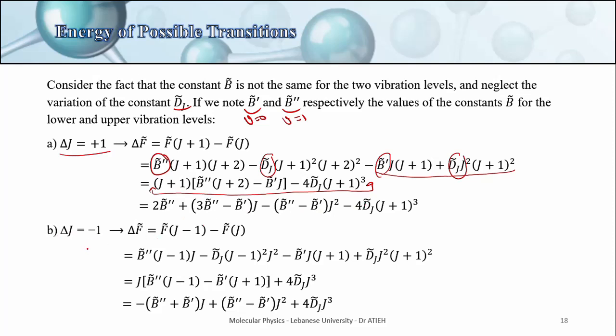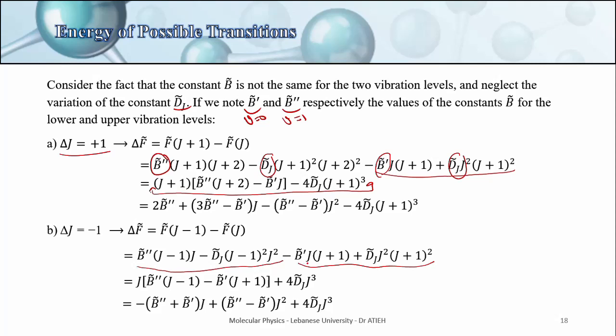Now if delta J is equal to -1, which corresponds to the P branch, the spectral lines with low frequency, delta F is equal to F(J-1) minus F(J). This is F(J-1), this is F(J). Just take the formulas and substitute B double prime instead of B, and B prime instead of B. So remember, we're going from level 0 to level 1.